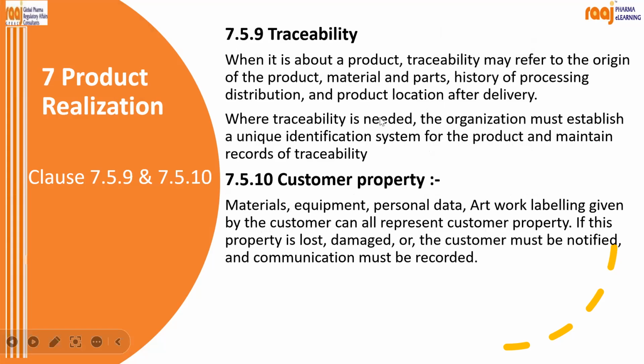Then, traceability also. When it is about a product, traceability may refer to the origin of the product, material and parts, history of processing, distribution, and product location after delivery. Where traceability is needed, the organization must establish a unique identification system for the product and maintain records of traceability. So identification and traceability is also very important, and you have to write your SOP on this.